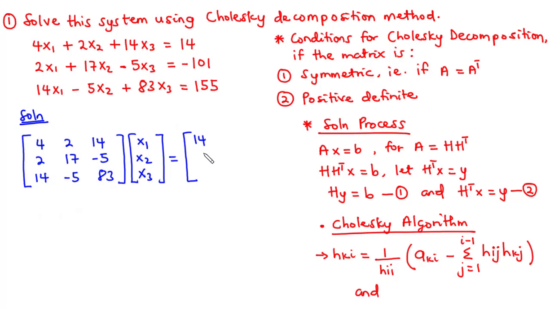We have 14, negative 101, and then 155. Now the next thing is we need to decompose this coefficient matrix so that we have a lower triangular matrix with positive diagonal entries times its transpose.